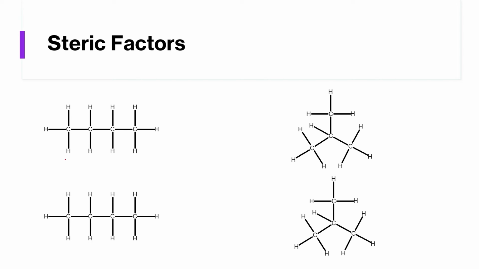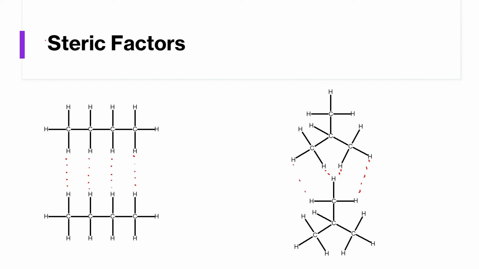However, my straight chain here, my butane, is flat and allows for lots of dispersion forces between the two molecules. In comparison, on the other side, I have 2-methylpropane. And what we can see is that there isn't really a lot of space for interactions between our carbon-hydrogen bonds.